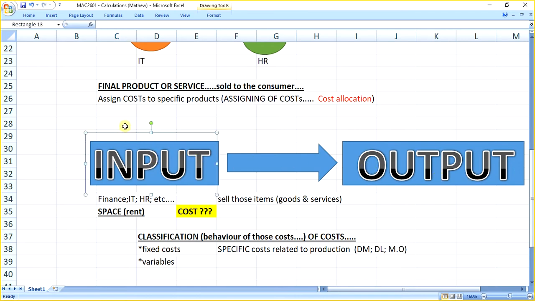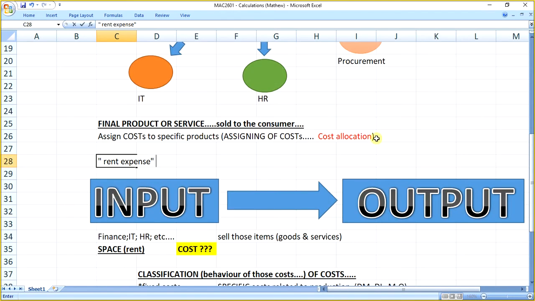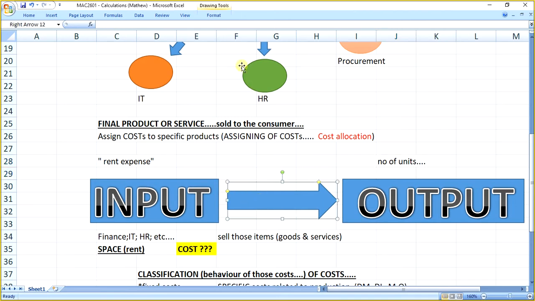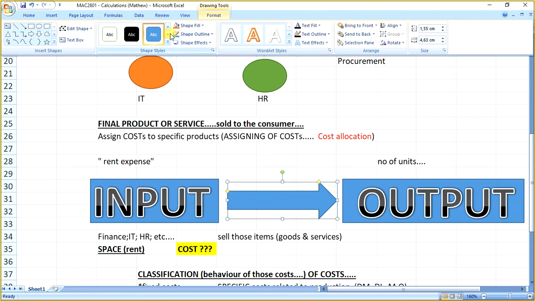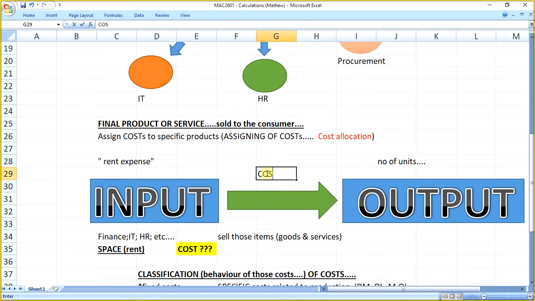The input here would be, in inverted commas, rent expense. The output is obviously going to be the number of units produced. Do you agree? Right, so now the challenge is the middle part. That's what you're actually looking at when dealing with management accounting. You're looking at the cost allocation or the assigning of cost to certain products.